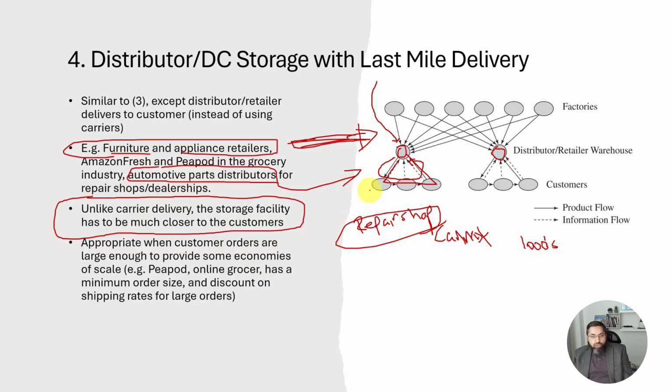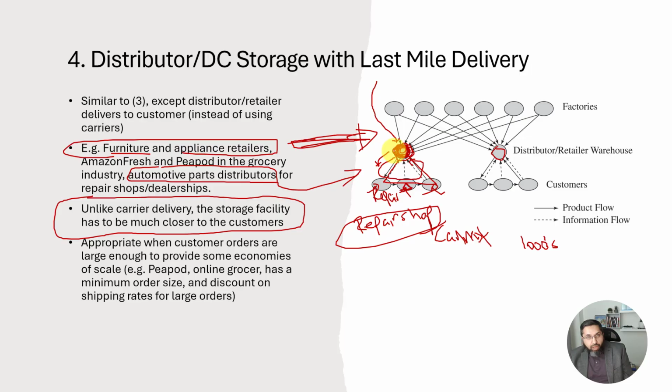So these customers are these car repair shops, Discount Tire, Bell Tire, what have you, other independent car mechanic shops. And they are given parts by distributors who store a lot of parts, like O'Reilly Parts or other distributors of car parts.